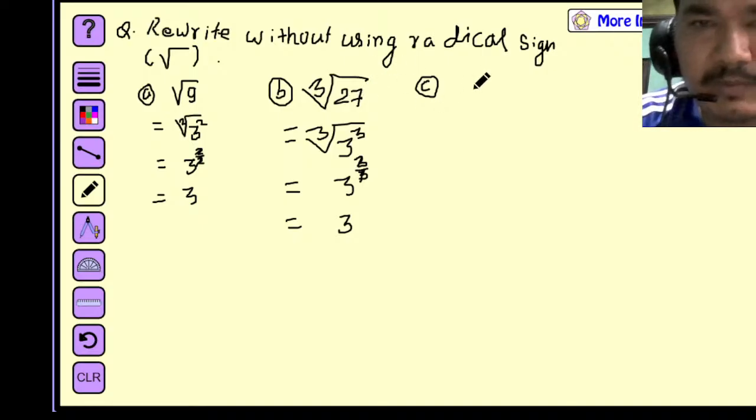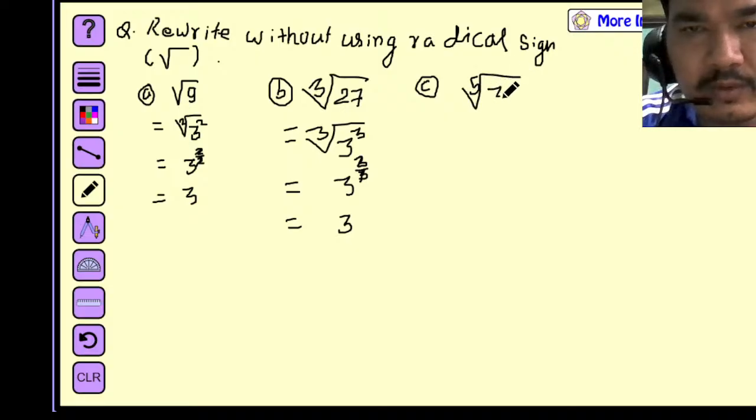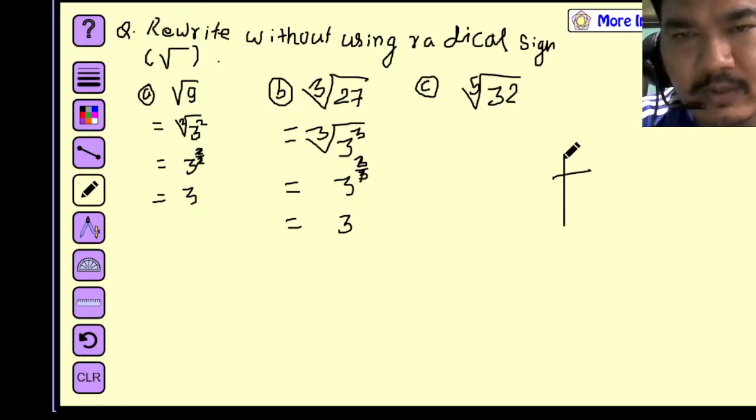Suppose at C number the fifth root of 32 is given with the radical symbol. If you don't know 32, you can factorize it at the side, okay? 32 is 2 times 16, then 16 is 2 times 8, then 8 is 2 times 4, then 4 is 2 times 2, okay?